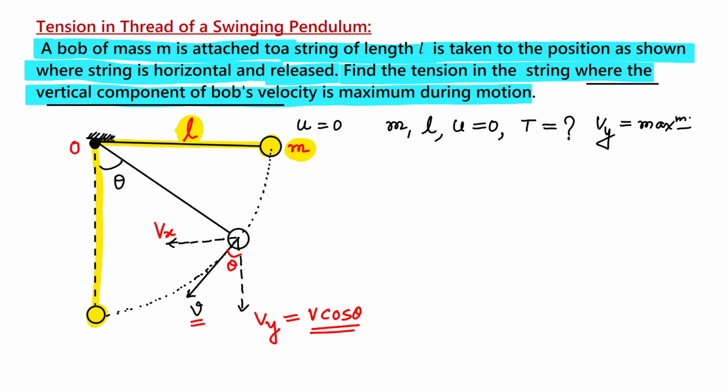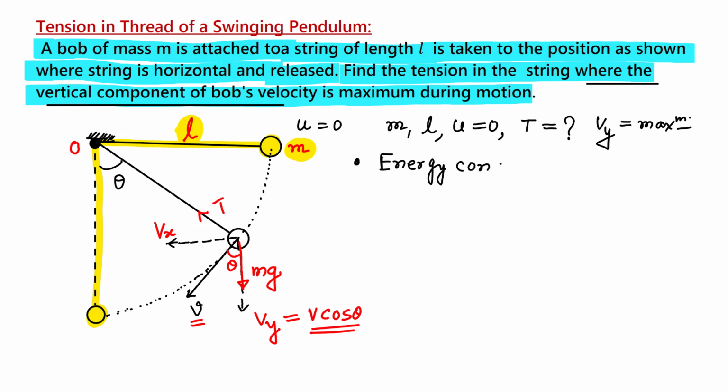At this point of time the tension in the string is T and another force that is acting is mg. Now how will you solve this problem? Two hints are here. You have to write energy conservation.